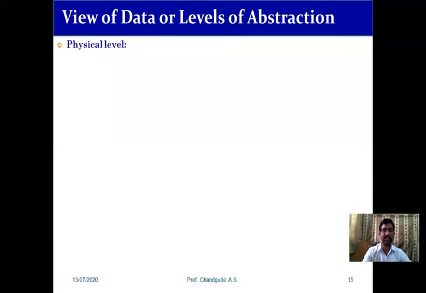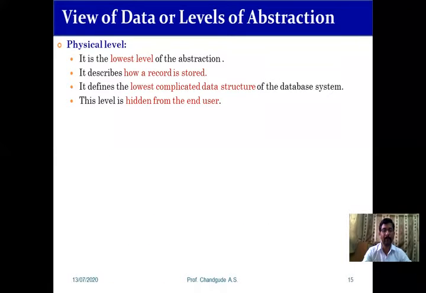The first is the physical level of abstraction, which is the lowest level of abstraction. It describes how a record is stored. It defines the lowest-level, complicated data structures of the database system, and that's why this level is hidden from the end users.